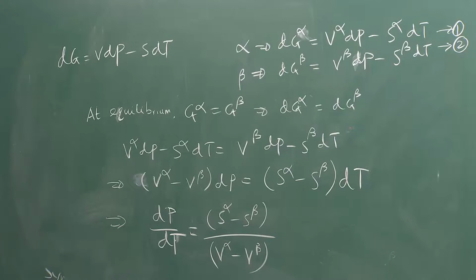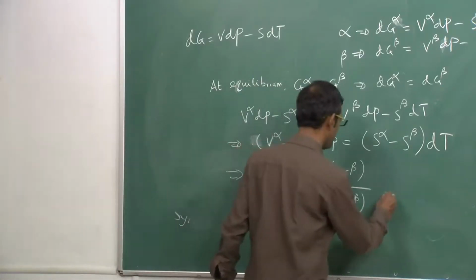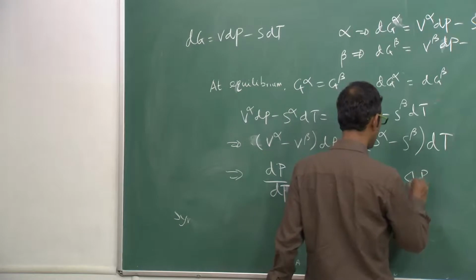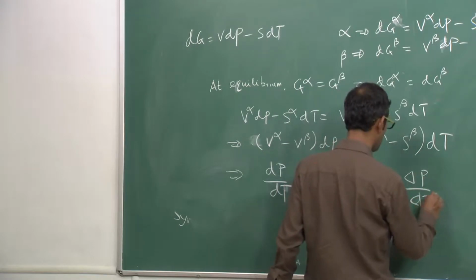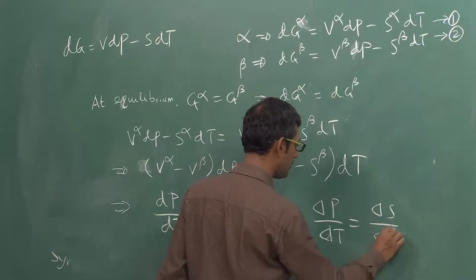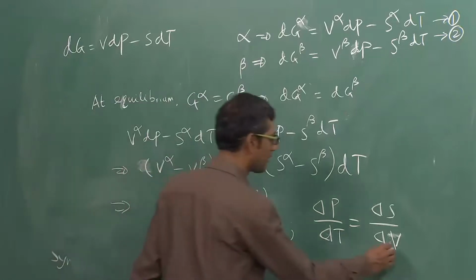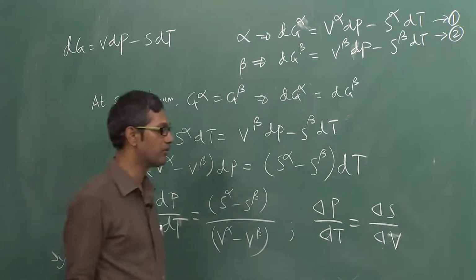So that's how the pressure will have an effect on the temperature. We can always write this in differential form the other way. As you see here, that effect comes as a function of change of entropy and change of volume basically.